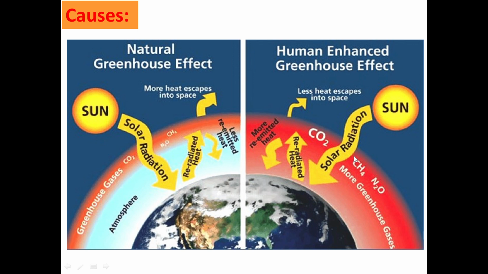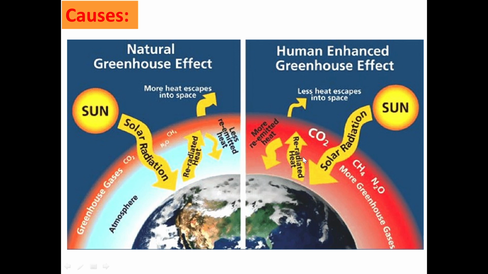The same thing is happening in the case of human induced causes, specifically coal and fossil fuel burning. Fossil fuel burning emits more carbon dioxide, nitrous oxide, and other gases. Deforestation and vehicular emissions, a lot of reasons are there, for which greenhouse gases are emitted and present in the lower atmosphere.